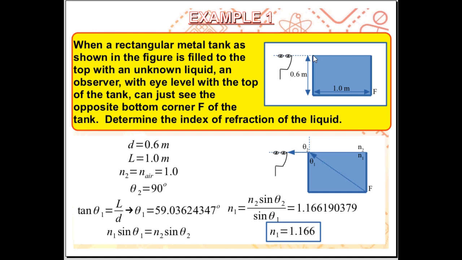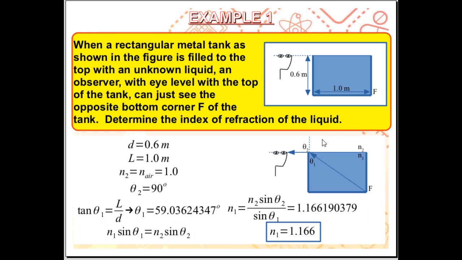With that information, as well as the information that the depth of the tank is 0.6 meters and the length of the tank is 1 meter, determine the index of refraction of this unknown liquid.